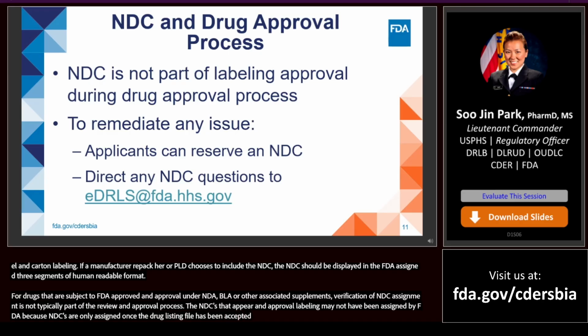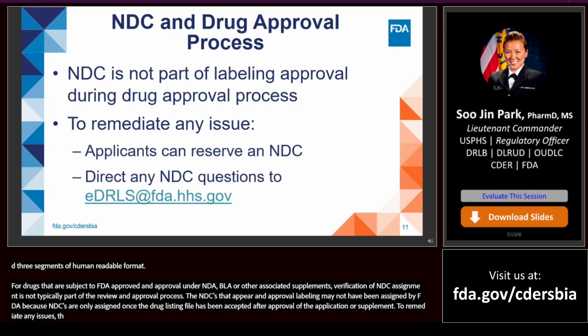To remediate any issues, the registrant or its authorized agent can reserve an NDC before drug approval and label printing. If you need any assistance or have any questions related to NDCs, please reach out to the email address provided here.